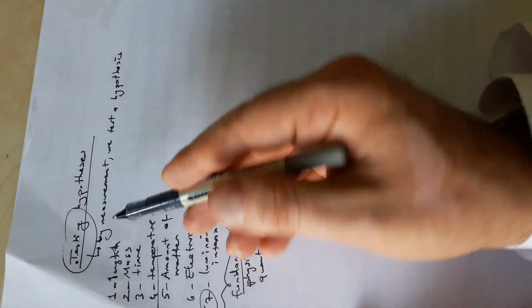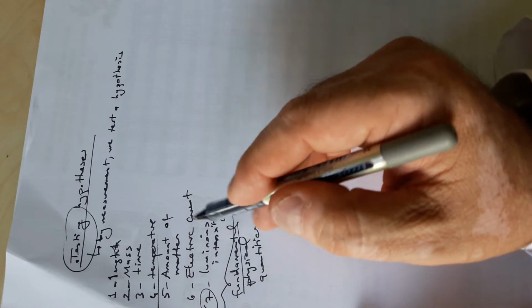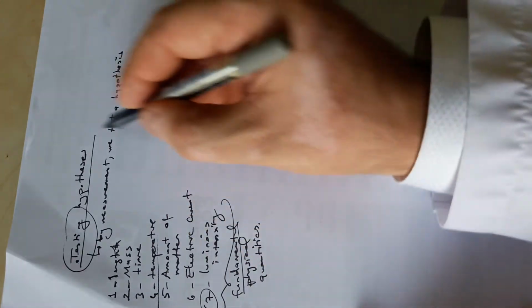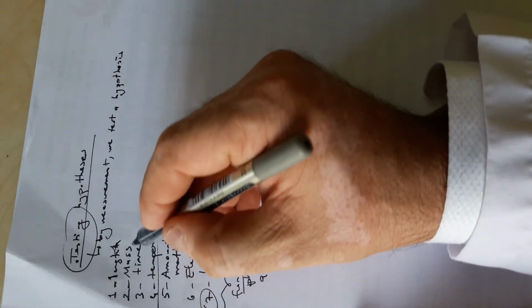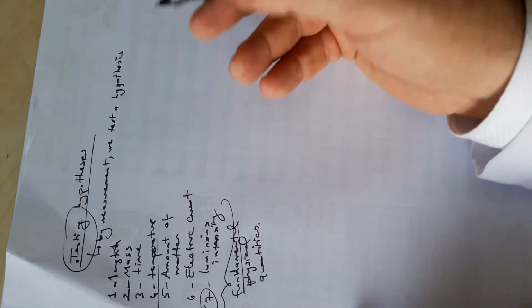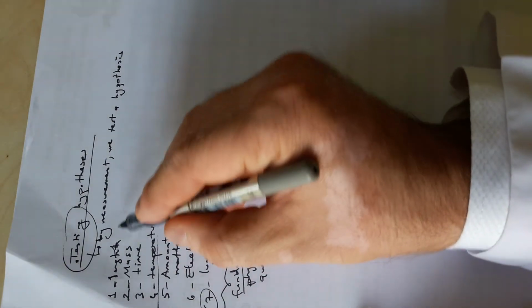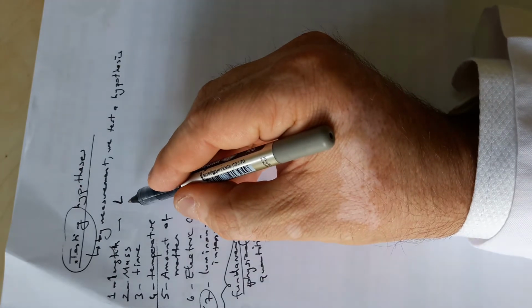Now, when we make measurements, right after the measurements, we are not going to say the length of this object is 10 meters, or mass is this, time is this. Instead, we are going to use some symbols. For length, we are going to use L as the symbol.